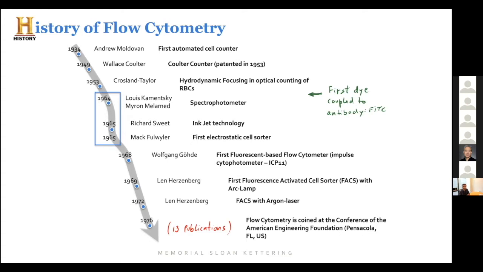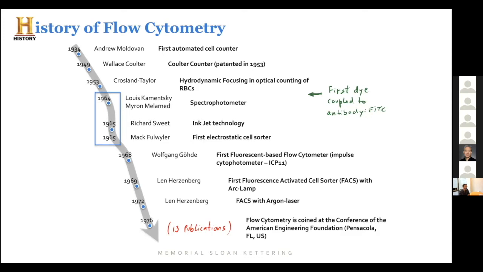And myself, I was corrected by Howard Shapiro himself, and so since then I've made sure to put the right information here. But anyway, so by then there were about 13 publications on flow cytometry. The term flow cytometry was coined during this conference in 1976.